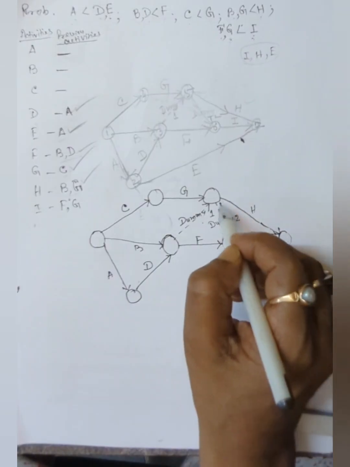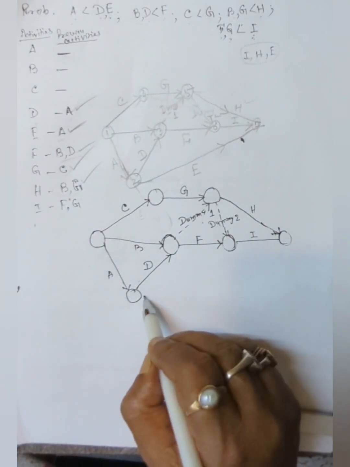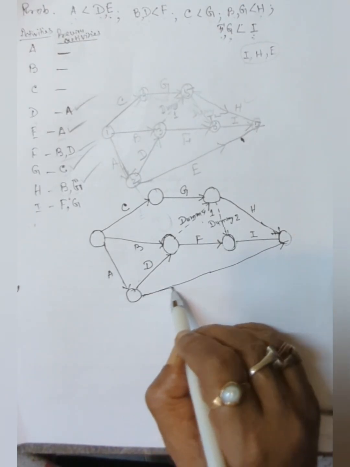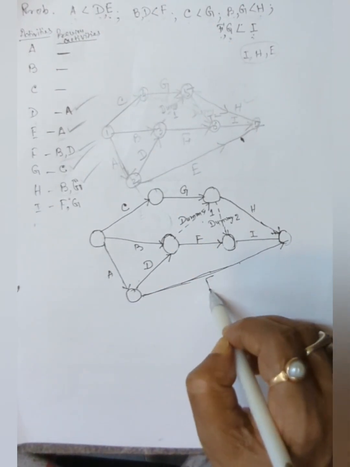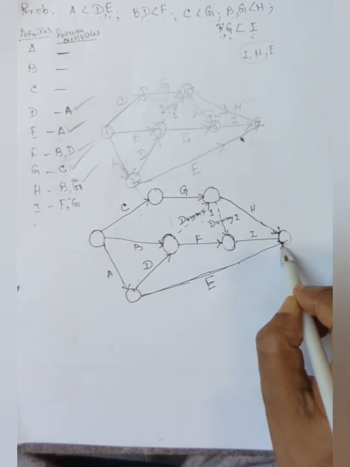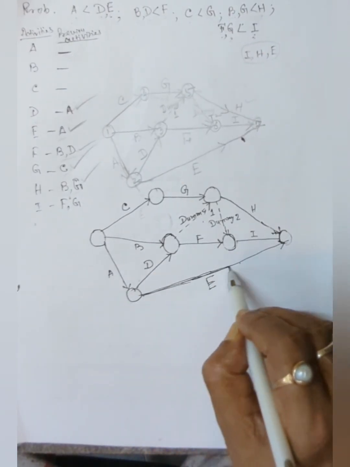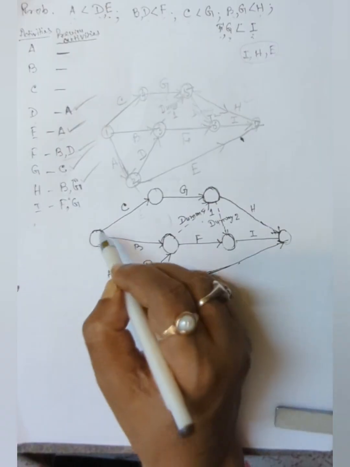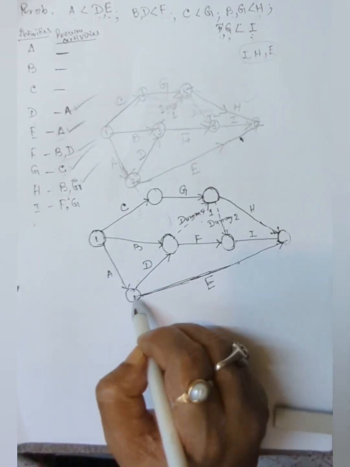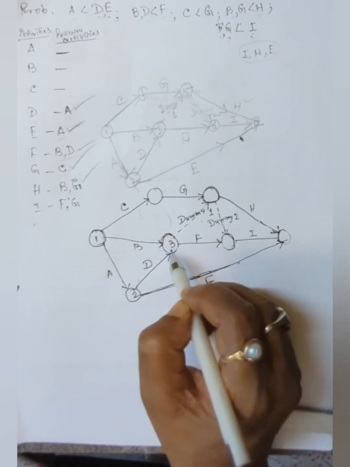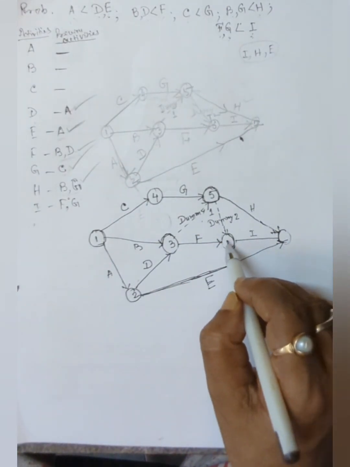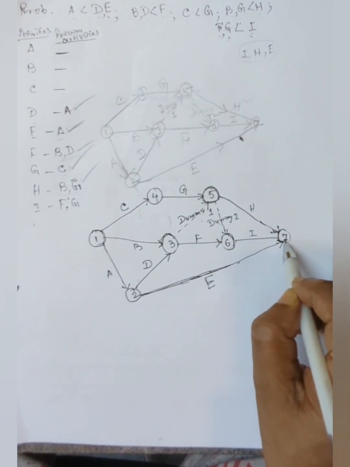This is H, and this is your E activity. No other activities are here. This is the final network of the given problem. And 1, 2, 3 to show the relationship, 5, 6, and 7.